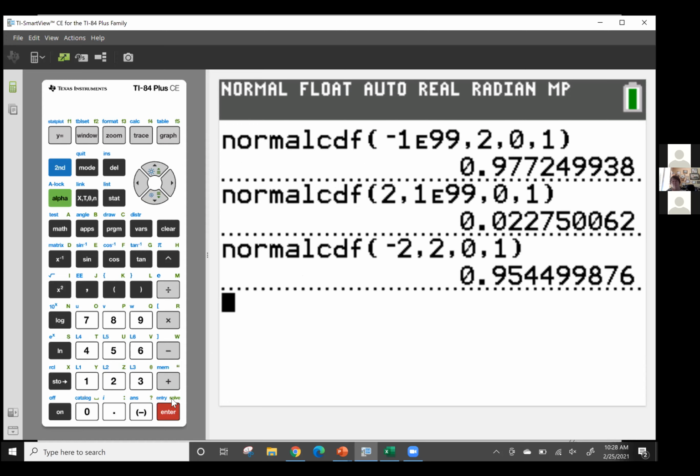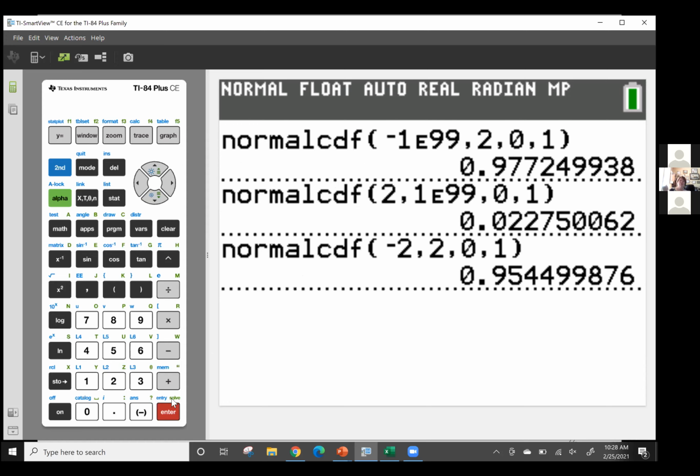That's 95%, which is what we anticipated from the empirical rule. It should be 95%. 68% of all of our X values are plus or minus 1 standard deviation from the mean, 95% are plus or minus 2 standard deviations, and 99.7% are plus or minus 3 standard deviations.